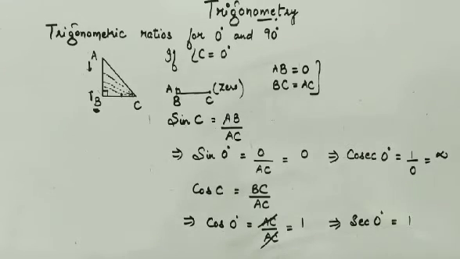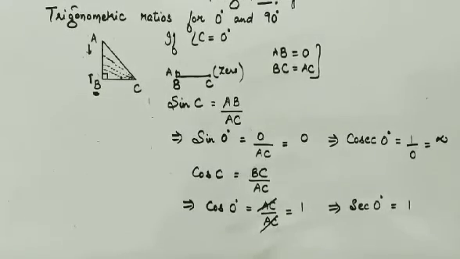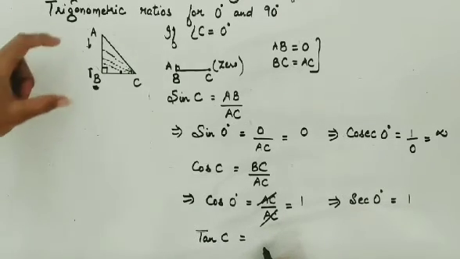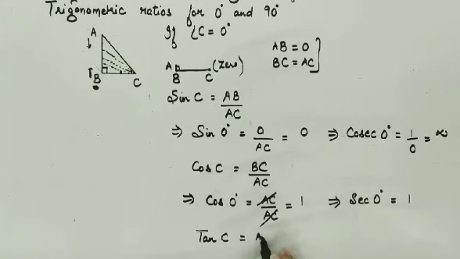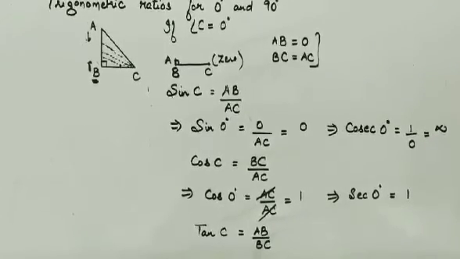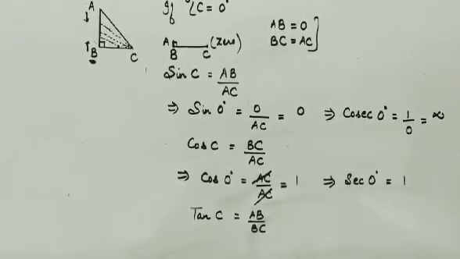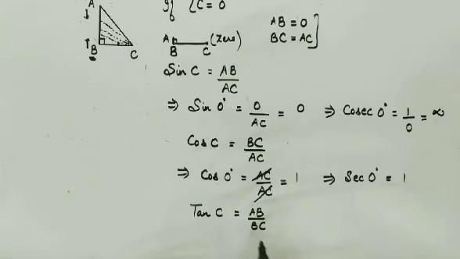The next one is for tan. Tan C. Tan theta is always perpendicular by base. Perpendicular, which is AB, base, which is BC. On substituting the values for both, let's see what do we get.